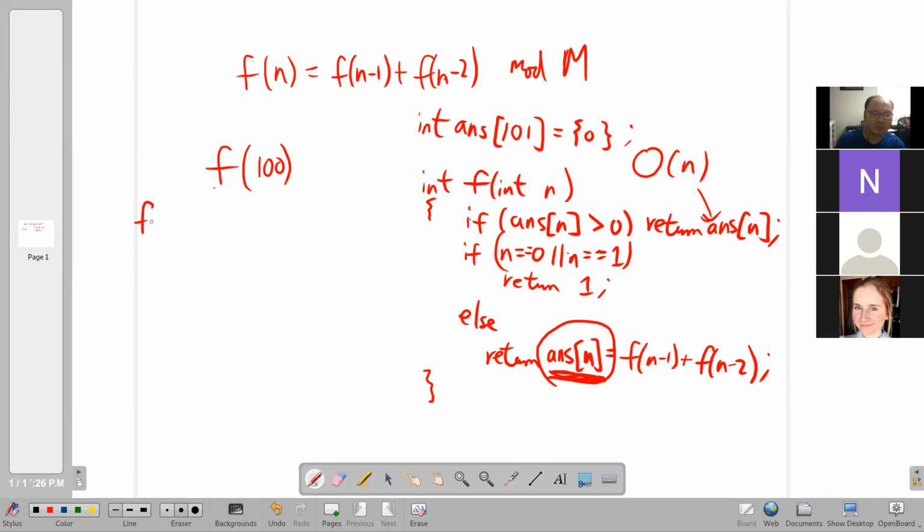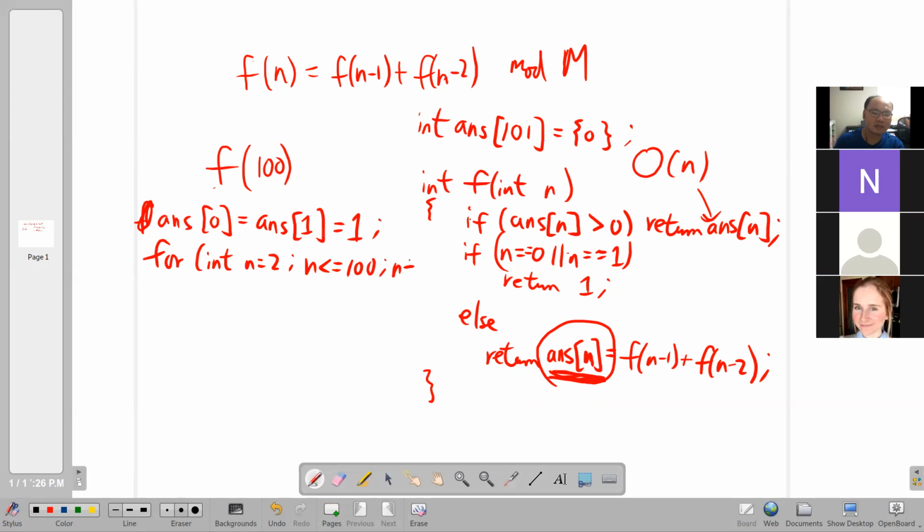Now, you can also do it the other way, as a for loop. Sometimes it's called bottom-up dynamic programming. The other one is top-down, but you can also do something like this. Oh, wait, I forgot the mod m.